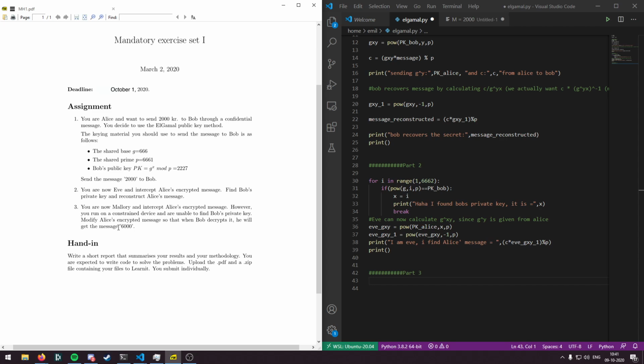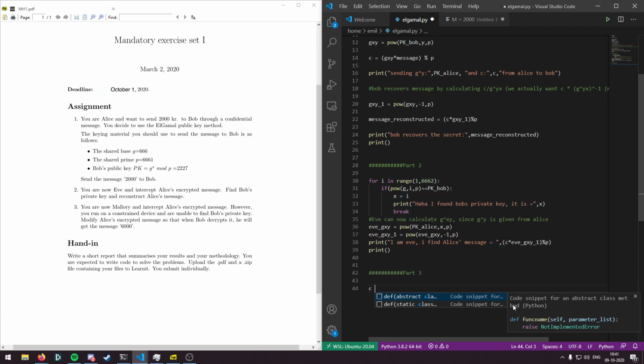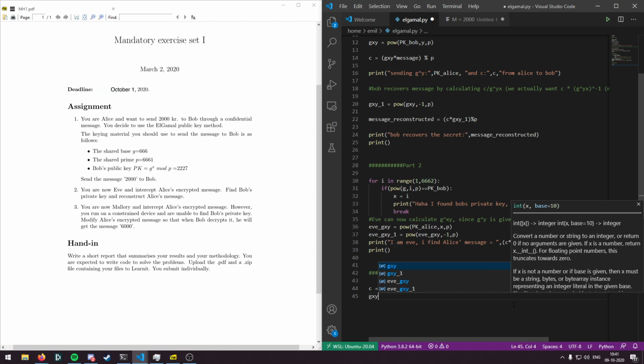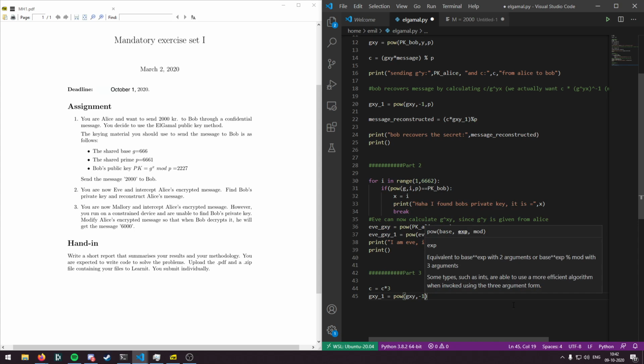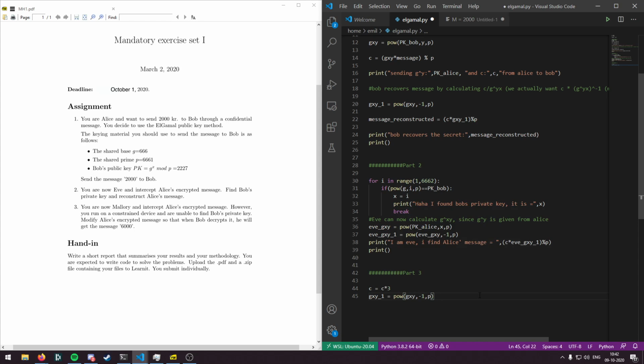And this was basically just to show that we can say that C is equal to C times 3. And then when we decrypt it, let's make it gxy minus 1 again. I know this has already been done, but I want to do it again for the example's sake.